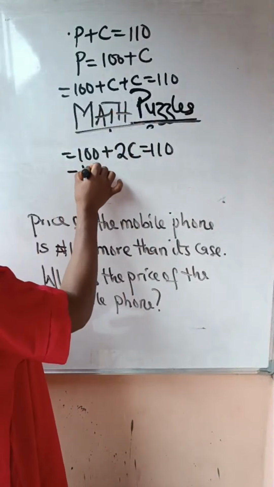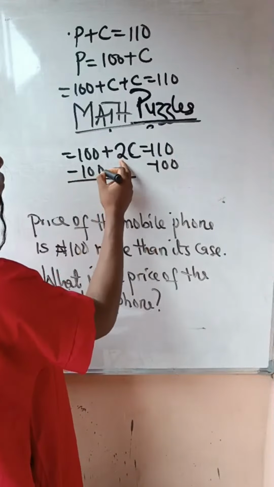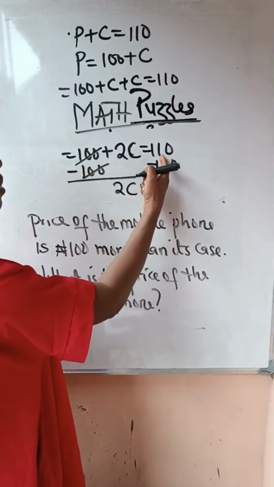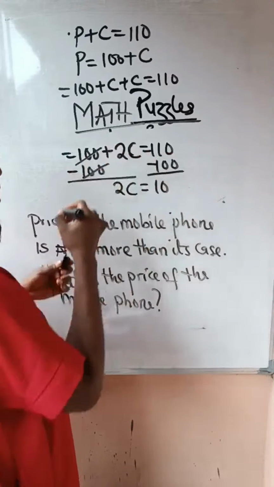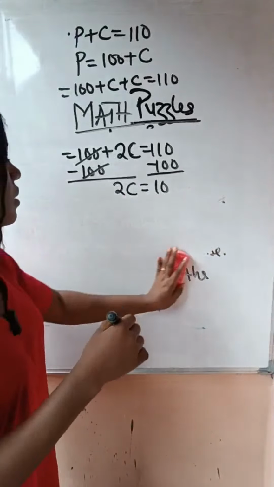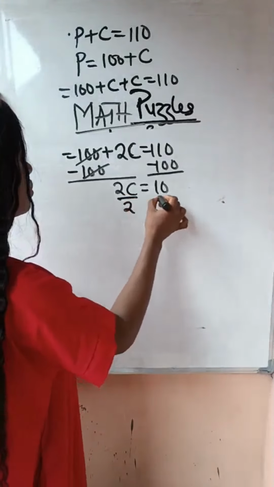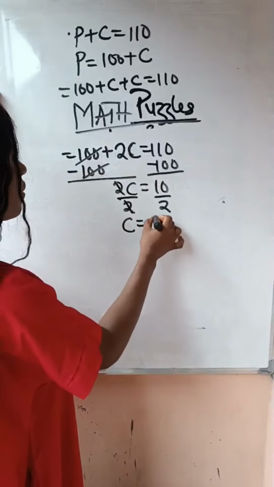So we subtract 100 from both sides. 2C is equal to 110 minus 100, which gives us 10. So we can now solve for C by dividing both sides by 2. We'll have that C is equal to 5 naira.